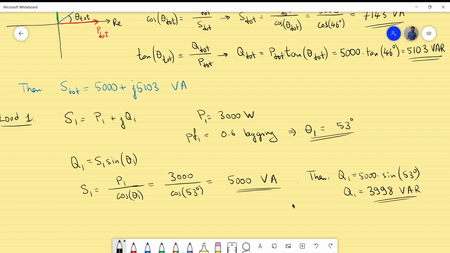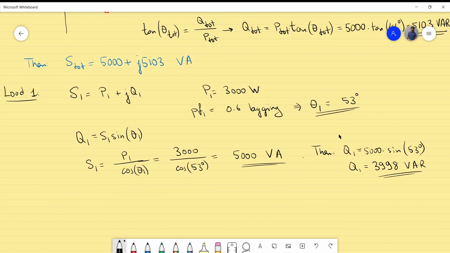Okay, so we can now write S1 also in phasor form using the calculated Q1 and the given value of P1. So S1 will be 3000 plus j, almost 4000. Okay, this is the situation for S1, for load 1.